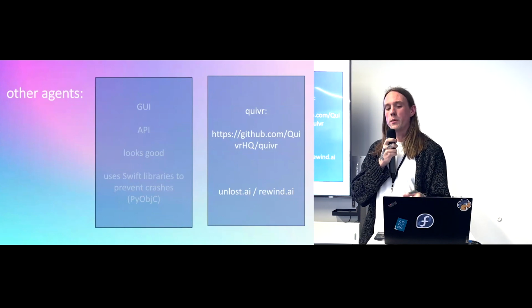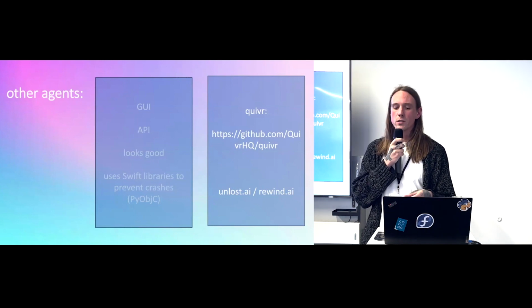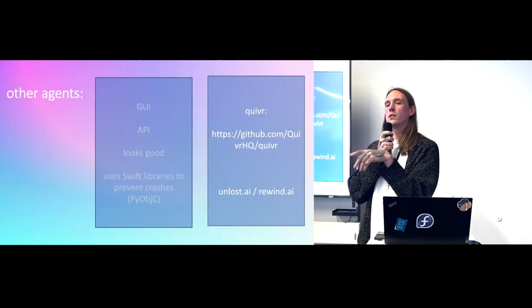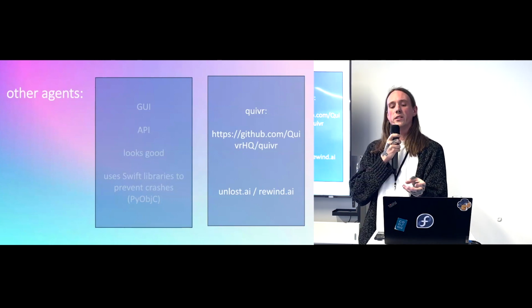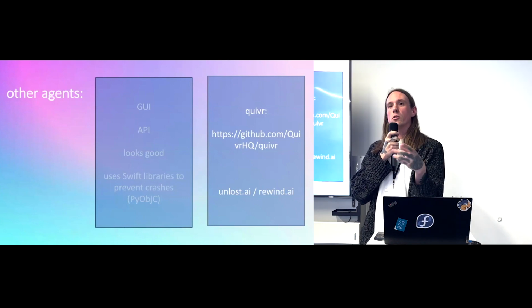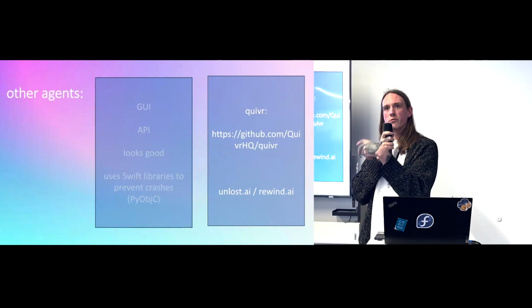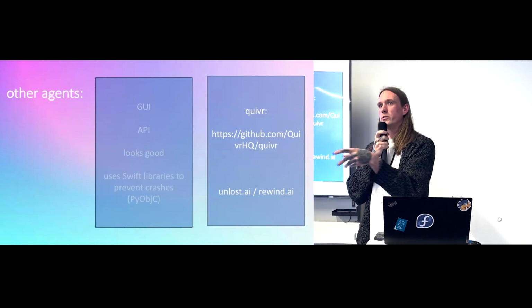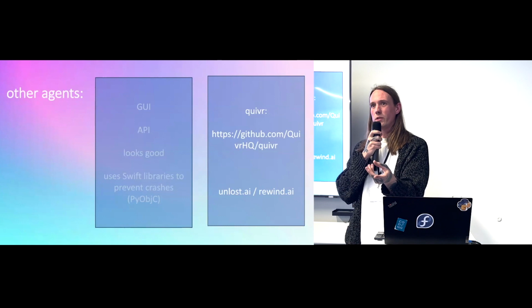And there are apps, Unlost and Rewind. They pretty much do the same thing, working with the same mechanics as well. They create sort of time-stamped memory, and you can talk to your memory, and your memory can retrieve things for you based on your calendar, your Slack, your emails, and it reminds you of things.